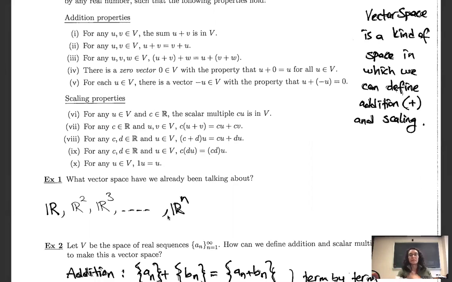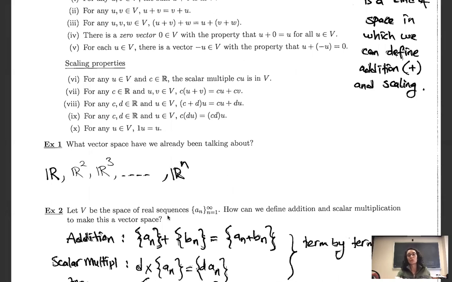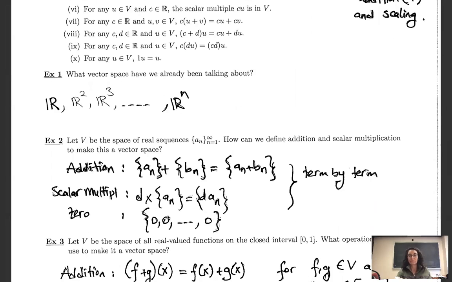And the scalar multiplication will be, if you take a vector x, an n-tuple, then c times x will be c times x1, comma, c times x2, comma, and so on up to c times xn. So these are your operations, and with respect to these operations, Rn is a vector space.